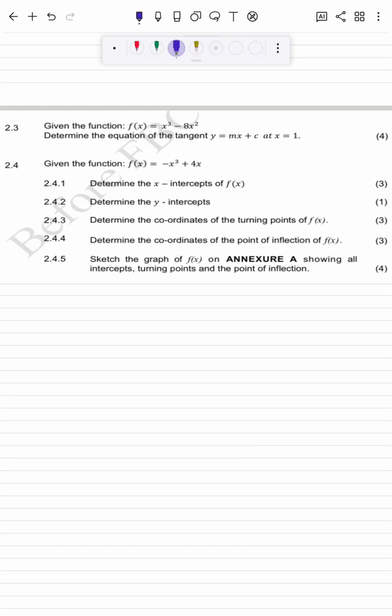So for this question, we are given a function f of x, which is x to the third minus 8x squared. The first question, 2.3, says that we have to determine the equation of the tangent y equals mx plus c at x equals 1. What do we need? A point and a gradient. How do we establish the gradient?